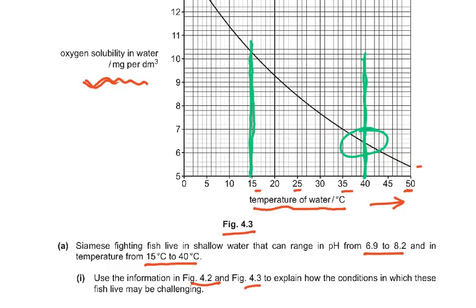And then as temperature increases, solubility of oxygen decreases, and that is what you can see from the graph. As temperature has increased from here to 50 degrees, the solubility of oxygen decreases. And then you give me a data code. Data code means that you give me some figures, and I'll give you an example of the figures at the end.